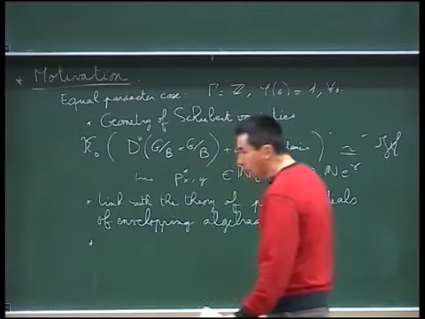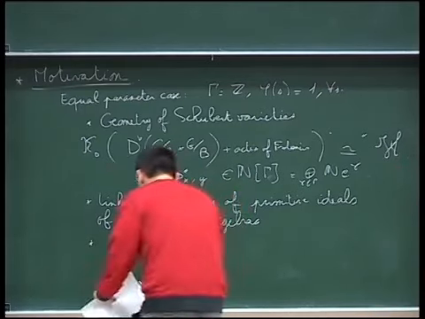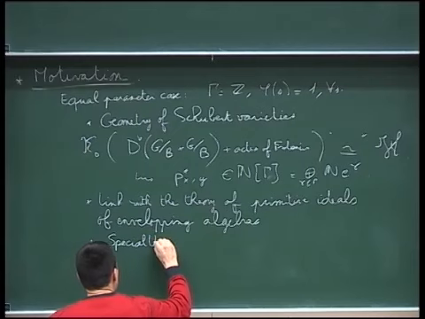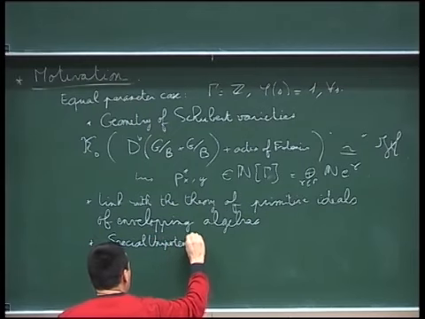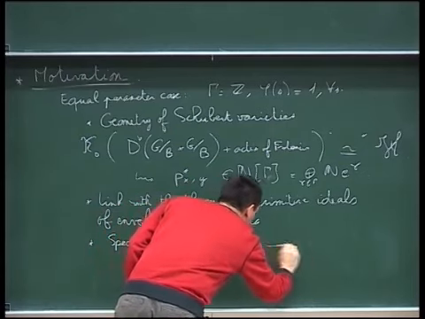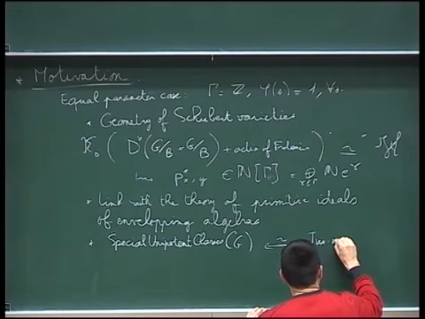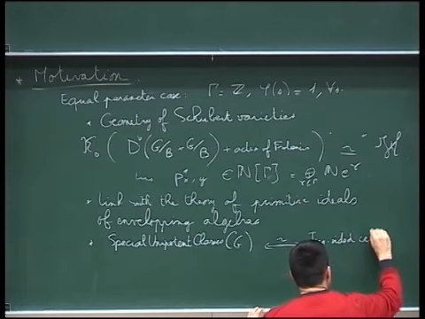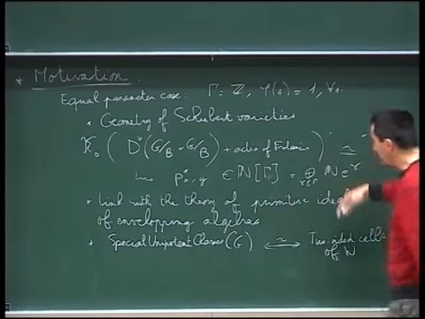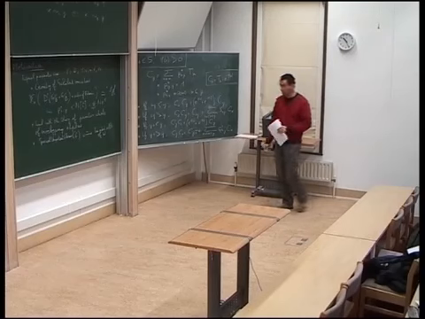There is also a link with the geometry of the unipotent variety, namely the special unipotent classes of G are in bijection with the two-sided cells of W. Here I assume that W is the Weyl group of the corresponding algebraic group.